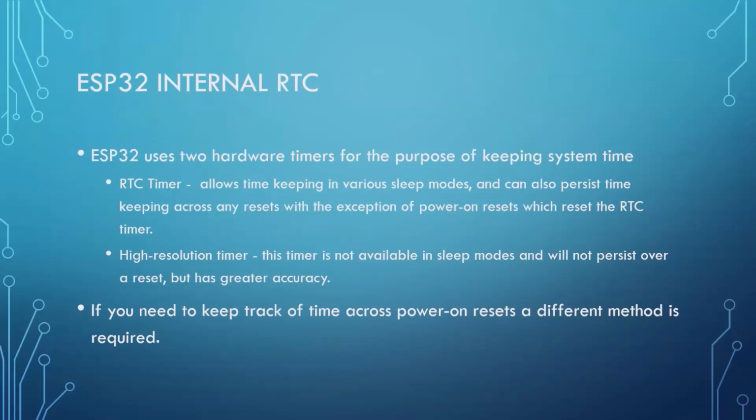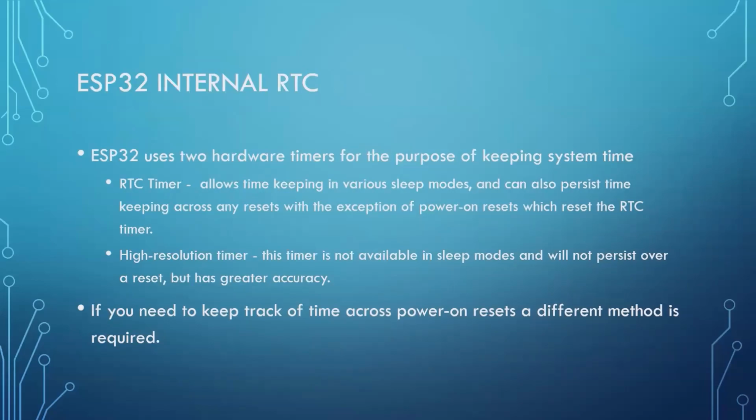So as long as there's power to the board, 3.3 volts, then it will keep the time, which is good for something that is always going to be powered up. But if you lose power or you disconnect it and come back on it, then you have to reset the time.